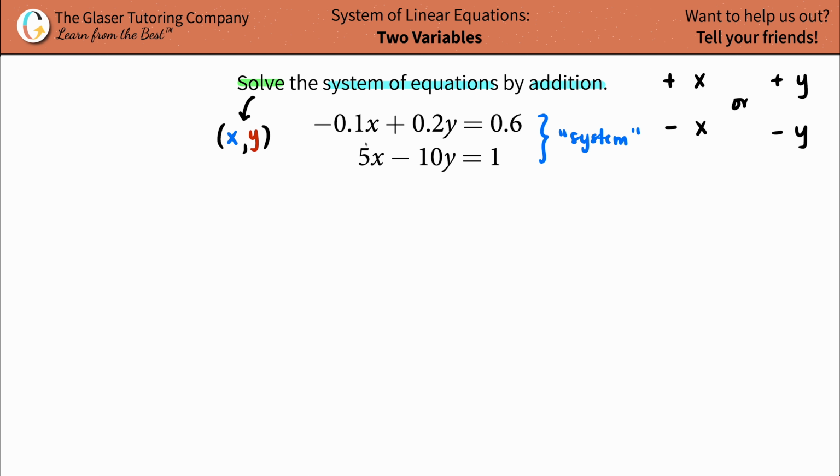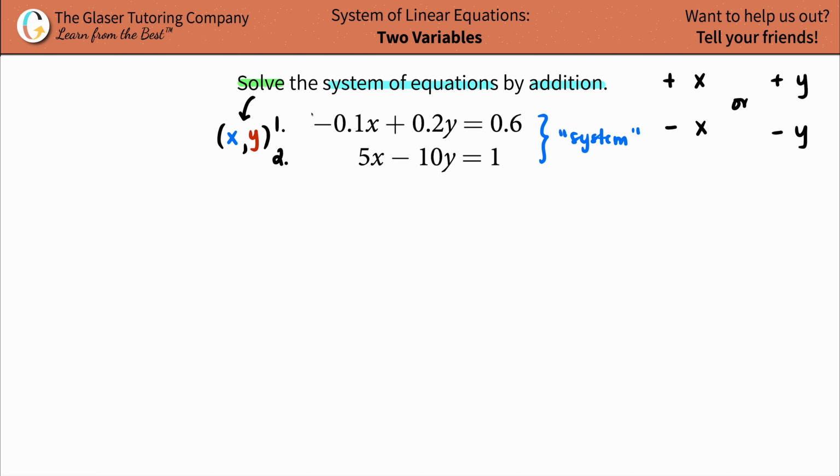Now, maybe what I'll do is I'll use the 5 and the x with the 0.1 because these are smaller numbers to work with than this. But if you want to do the y's, you'll get the same solution at the end of the day. So what we're going to do is maybe this is equation 1 and this is equation 2. Now I have to come together to get 5 and negative 0.1 being the same number, but just one positive, one negative.